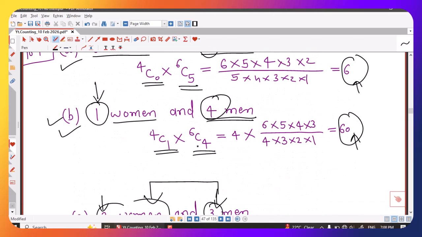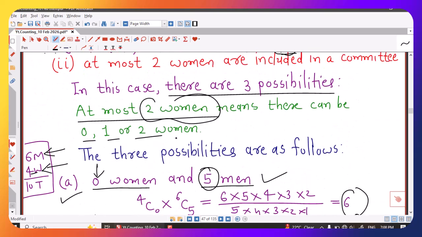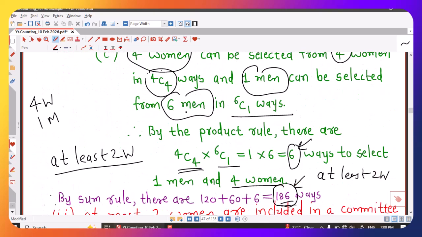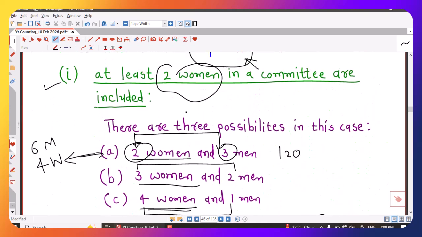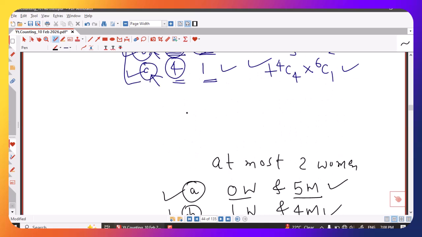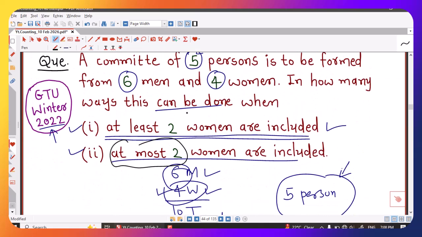We have to apply this type of logic, and by applying the product and sum rule for counting we will be able to determine the number of ways for a committee of 5 persons with at least 2 women and at most 2 women.